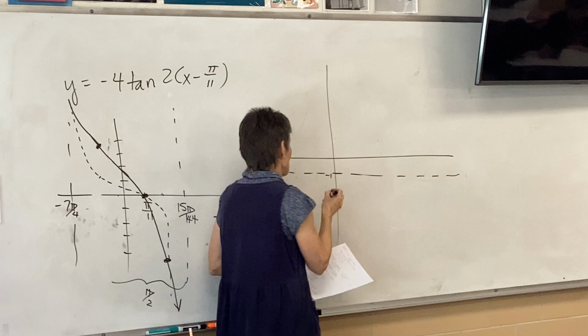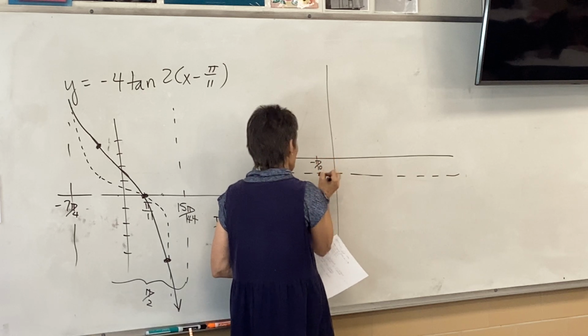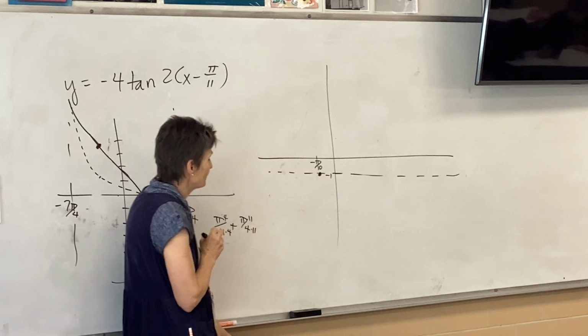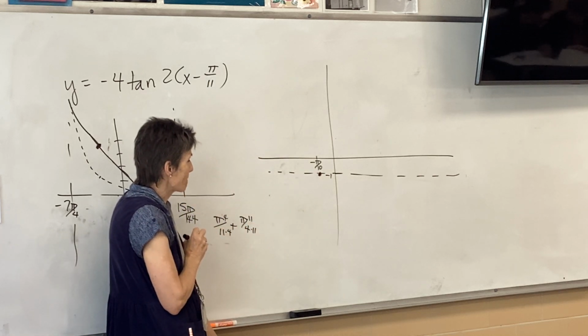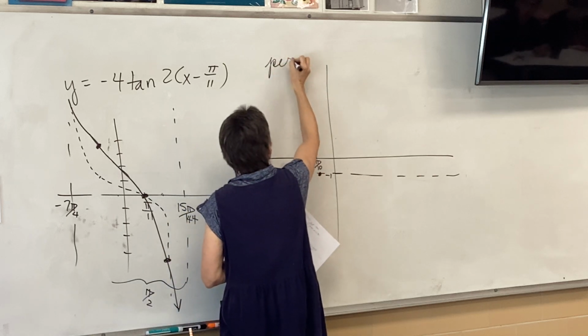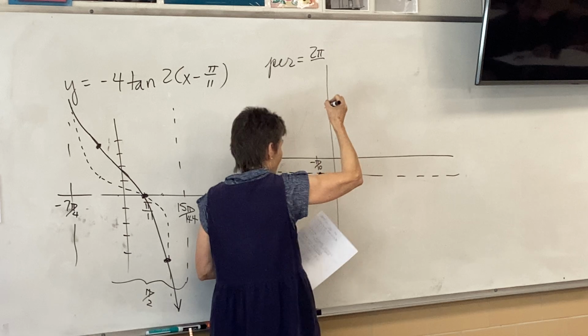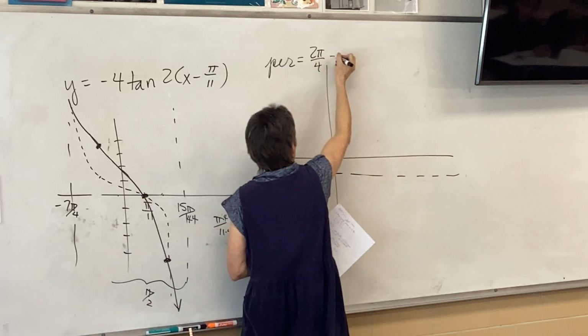A phase shift of -pi/10. Just going to start right there. At -pi/10. And a period of what? 2pi/4, so pi/2.